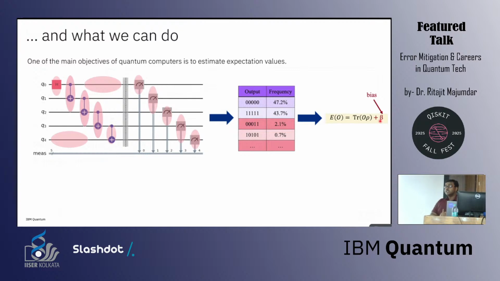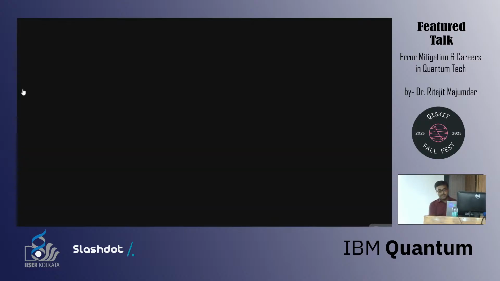What error mitigation can do is, using this information with some extra classical and quantum resource, give you an estimate of this term. Using a bit of extra classical and quantum resource, we want to get from this term to here. This is, in one sentence, what error mitigation can do.